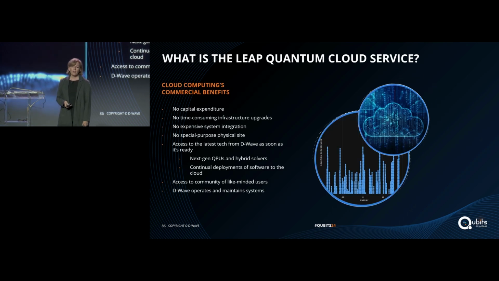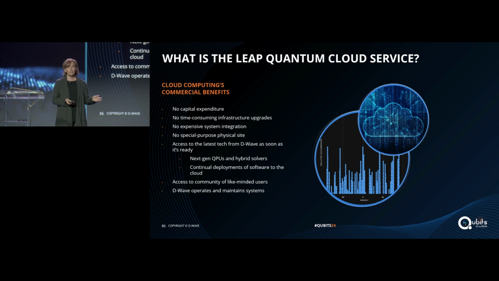And as far as why cloud computing for quantum computing, this seems really obvious now, but we introduced LEAP in 2018. Before that, D-Wave sold its first system in 2011. D-Wave used to sell systems. So the pivot to cloud computing, I think, was a really important step for us because it allowed us to reach a much, much broader group of customers.